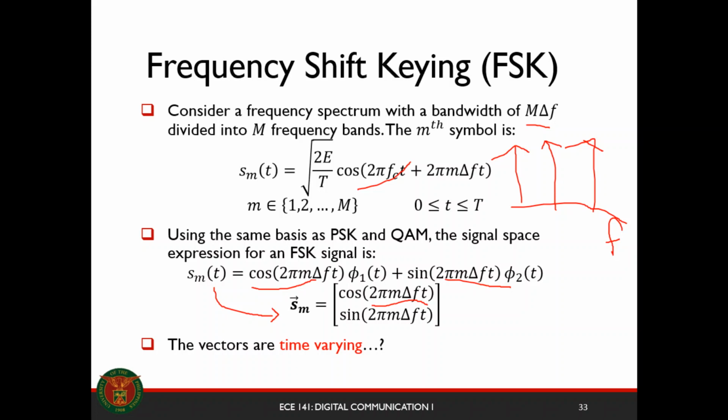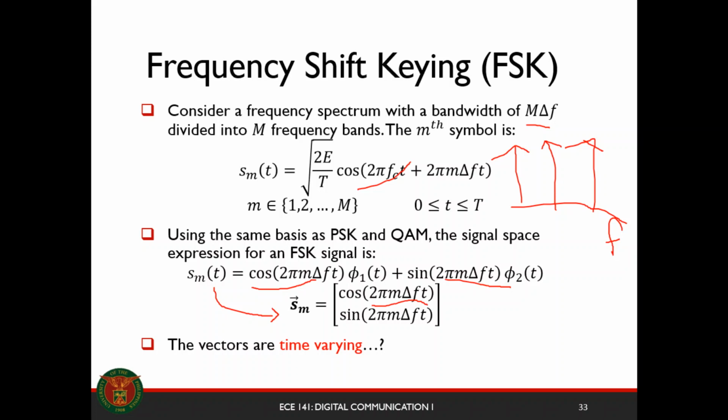Should they be time varying? If you're looking at a constellation, your signals should be stationary. But for FSK, your constellation is time varying. How do we make sense of that? Well, we're looking at it the wrong way.